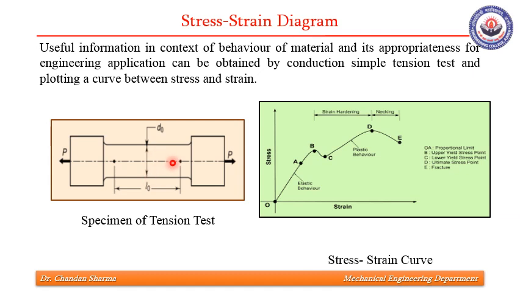So like this we can draw, for a particular value of stress, what will be the strain, and as a result we'll be able to obtain this graph. Now this graph provides lots of useful information. Let's see.